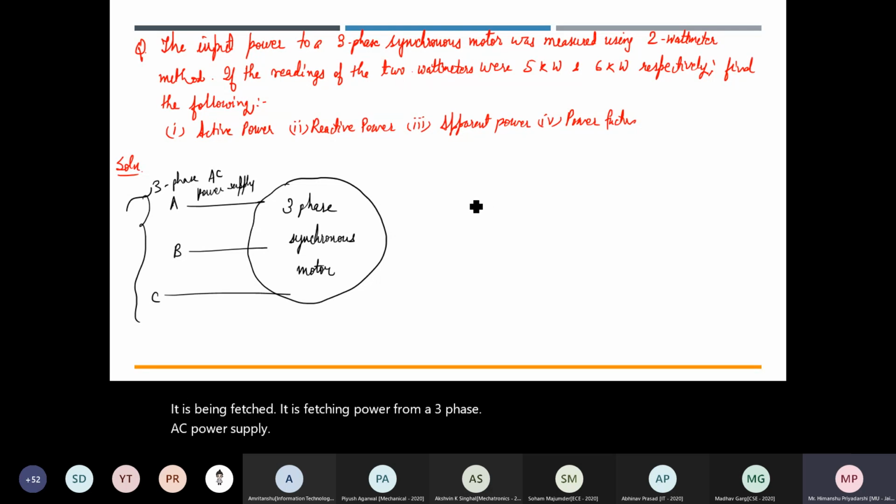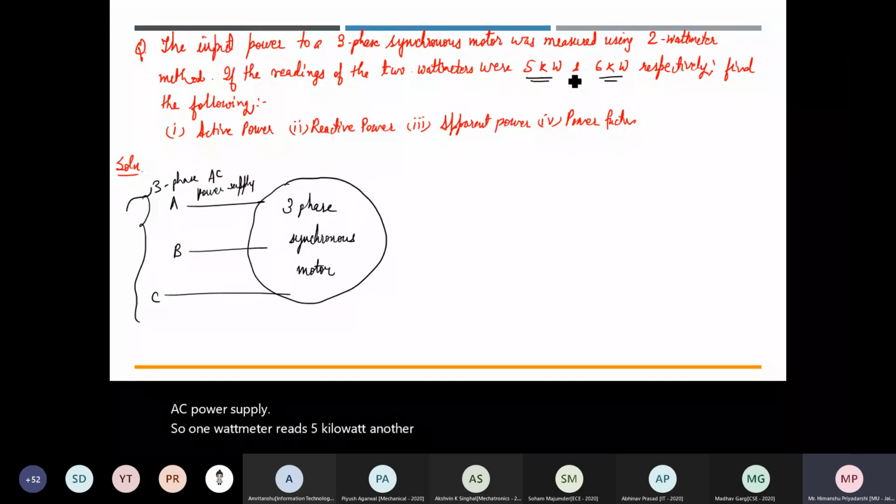So one wattmeter reads 5 kilowatt, another wattmeter reads 6 kilowatt. Now tell me the answers.